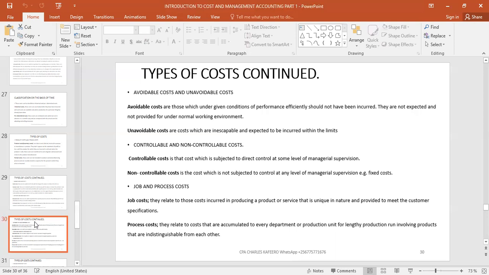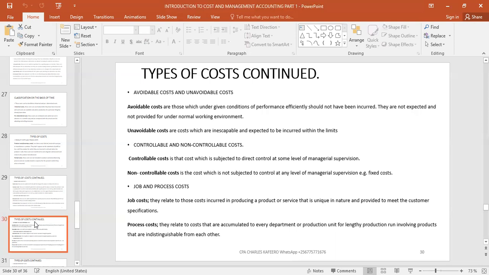But there are other ones which you cannot avoid. Like if you buy goods in bulk, you are expected to incur transport costs. So those are some of the unavoidable costs.